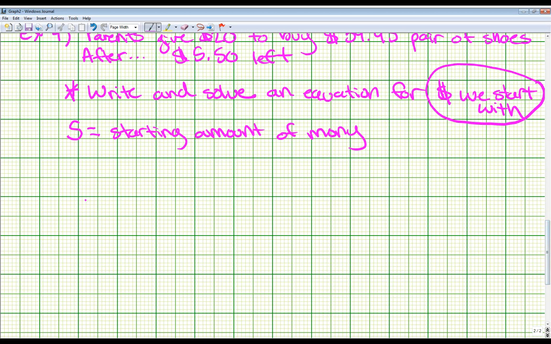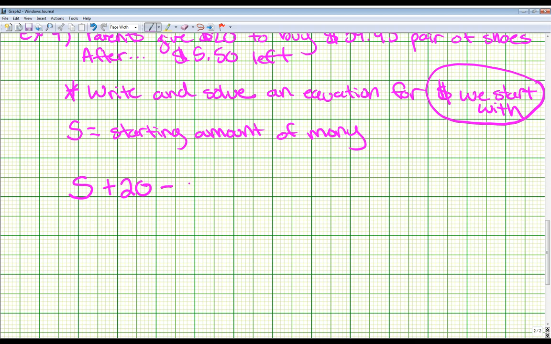So if we have this starting amount of money, we can put an S down. We have the starting amount. And then our parents also give us $20 on top of that. So we can add to that $20 because they give us $20. Then it says we do buy a pair of shoes. So instead of adding the pair of shoes, we have to take away a certain amount for the shoes.